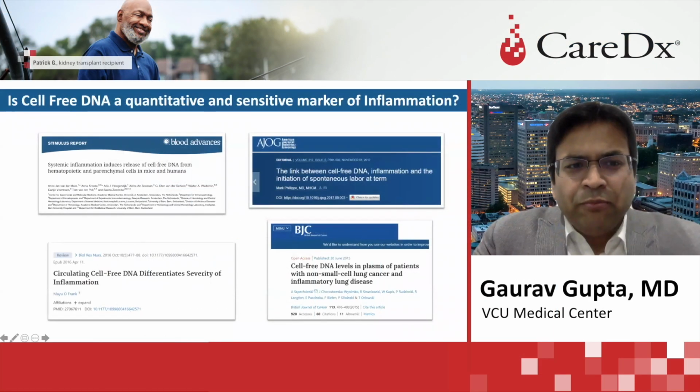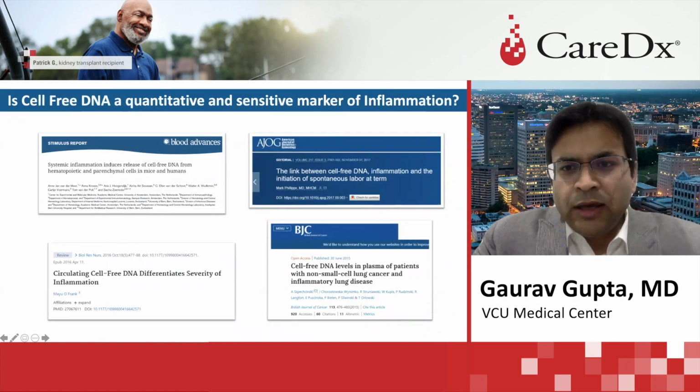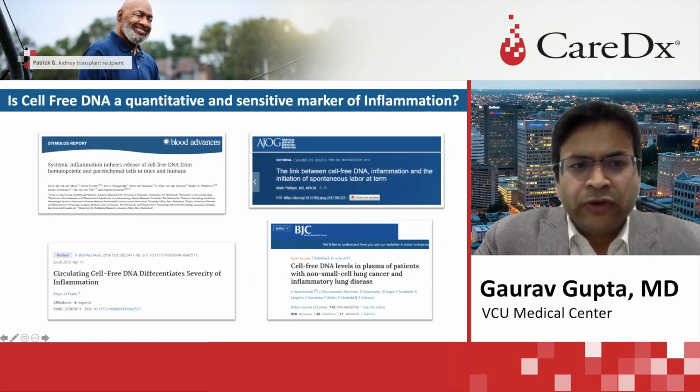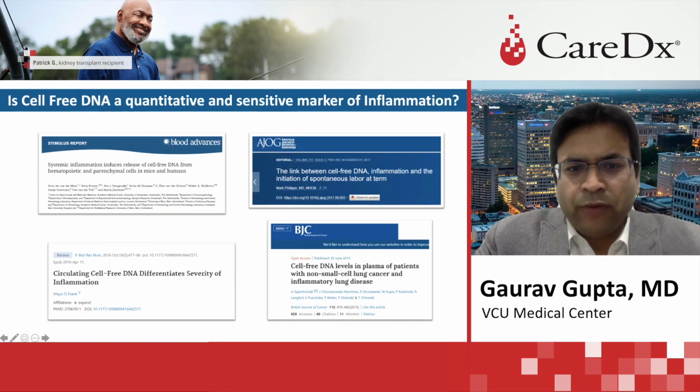So can we find biomarkers that may assist us in detecting inflammation? As can be imagined, that inflammation can drive increased cell breakdown, and thus an increase in measurable cell-free DNA. In addition, it is also possible that donor-derived cell-free DNA itself acts to drive up allo responses.